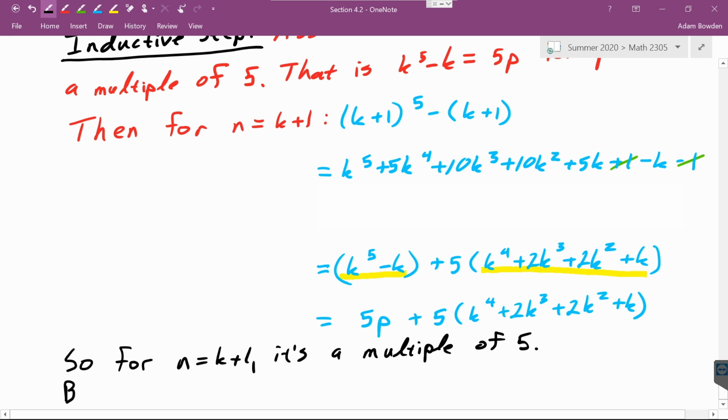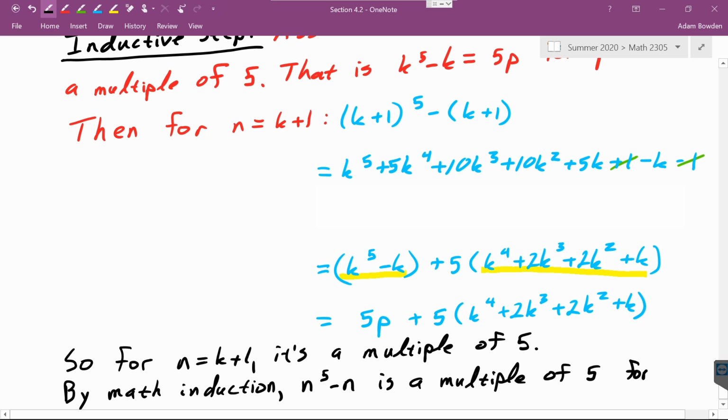So we can say by math induction, n to the fifth minus n is a multiple of 5 for n in the positive numbers. And then it follows that the number we started with, the 37 raised to the 500 minus 37 to the 100, since it fits this form, it's also going to be a multiple of 5.